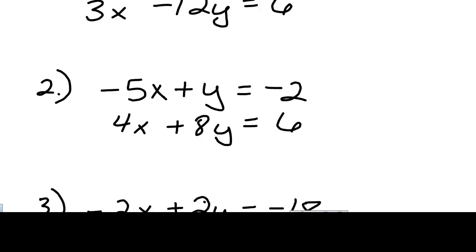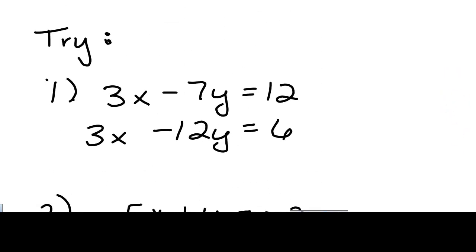And remember, when you're multiplying one of these equations by a specific number in order to make sure a variable is eliminated, for example, here we have a 3 and a 3, but they're both positive. So to eliminate it, we need to multiply one equation by a negative. And you have to do it all the way through. So I'm going to start you off on number 1 here.